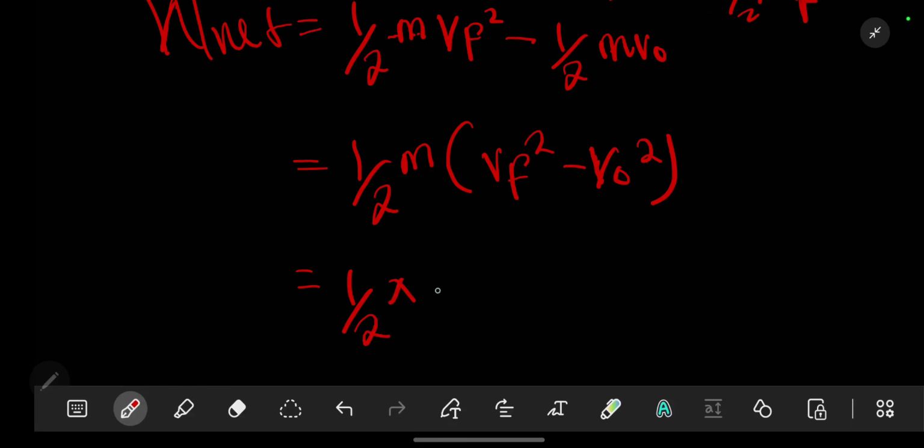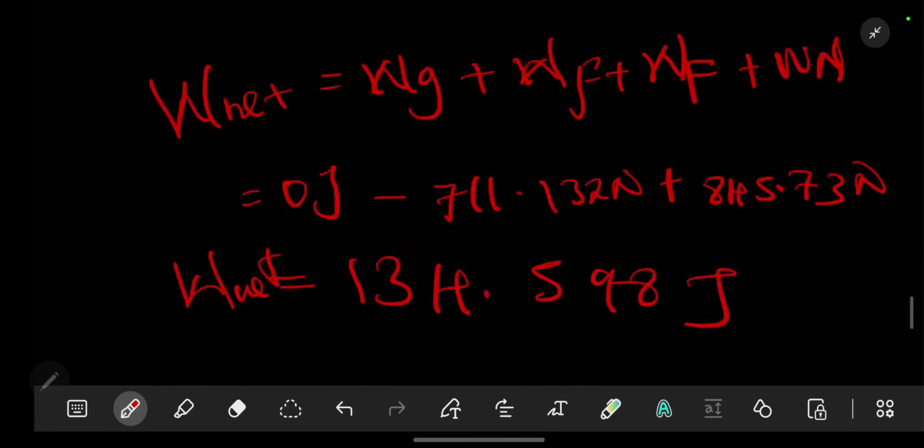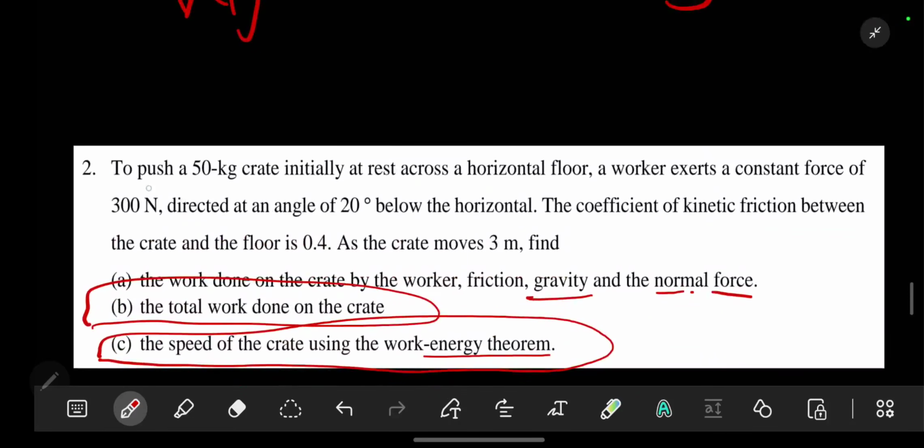What is our mass? We have the mass, which is 50 kg. Then we have our velocity final squared. What information are we given? We are told that to push a 50 kg crate initially at rest, that means it wasn't moving.